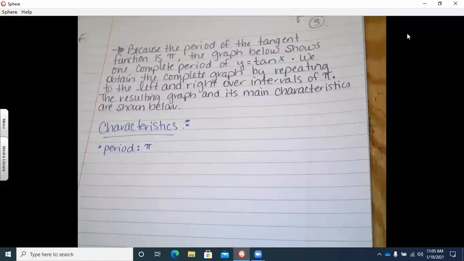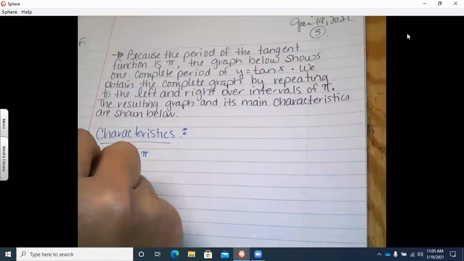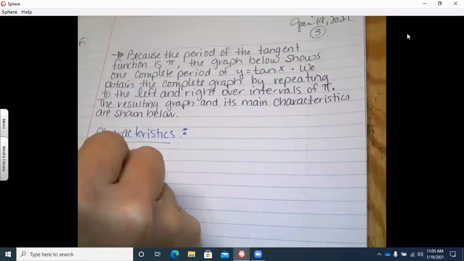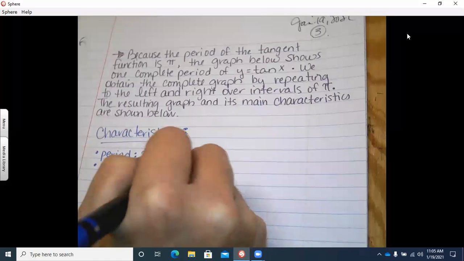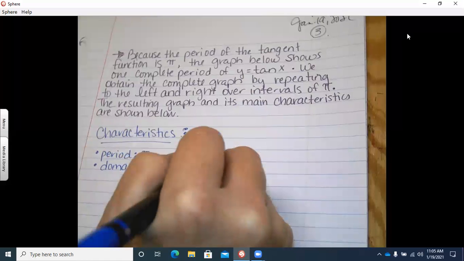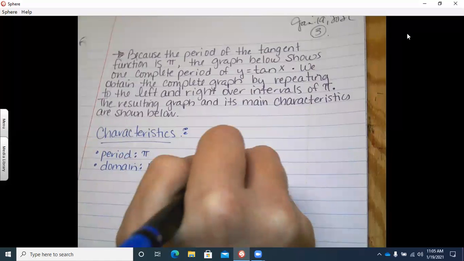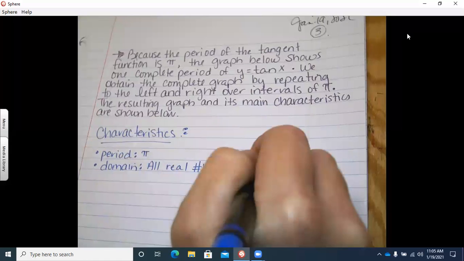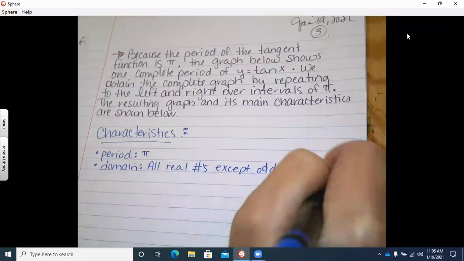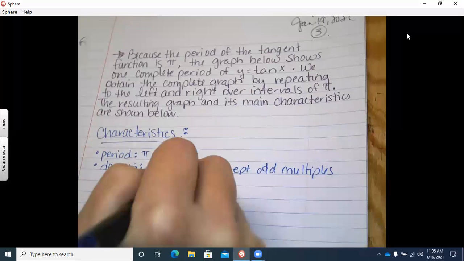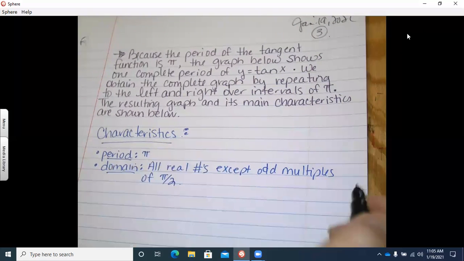The domain is all real numbers except odd multiples of pi halves. The range is all real numbers.